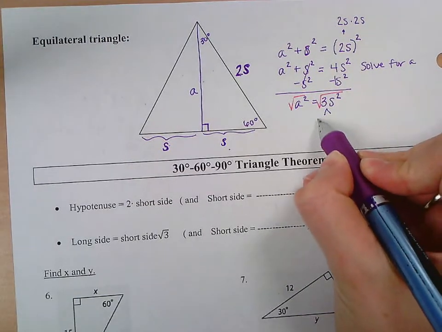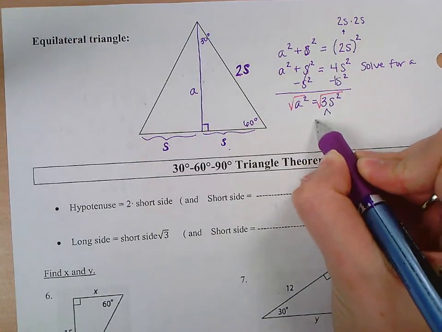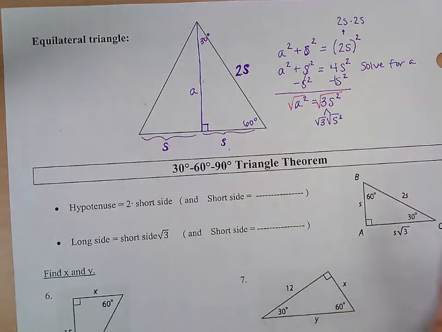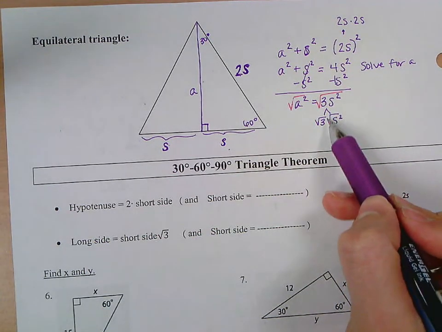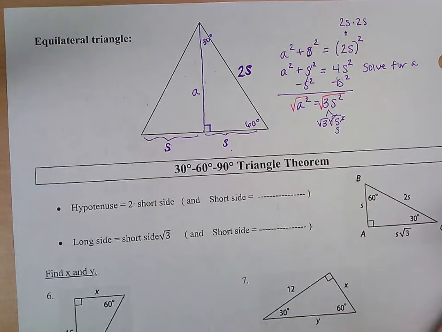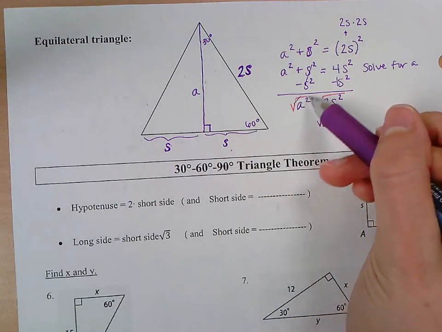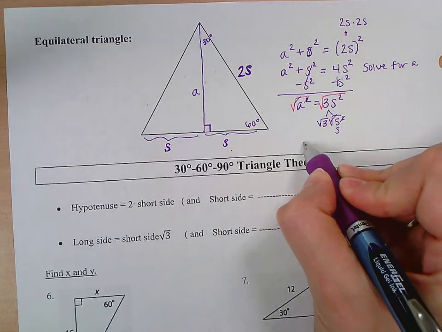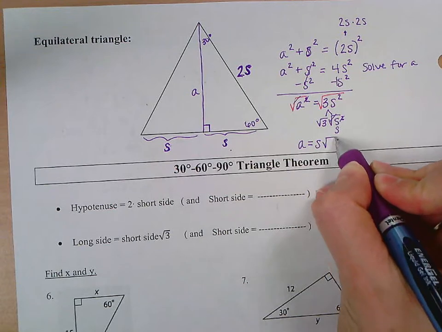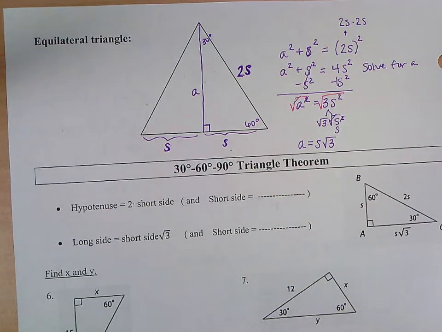Okay, so I would split this kind of like I did the last one, square root of 3, square root of s squared. Because the square root of s squared is just going to become s. And then I know the square root of a squared is just a. So overall, I get the altitude is equal to s multiplied by the square root of 3.